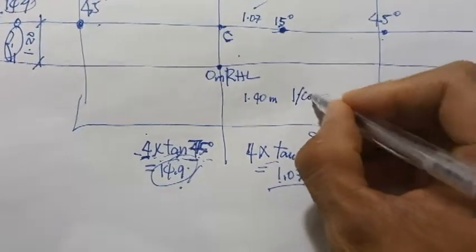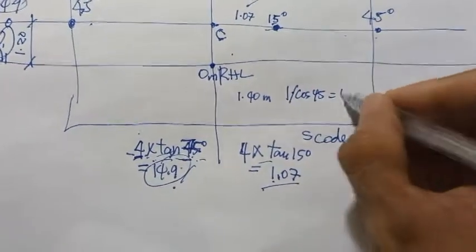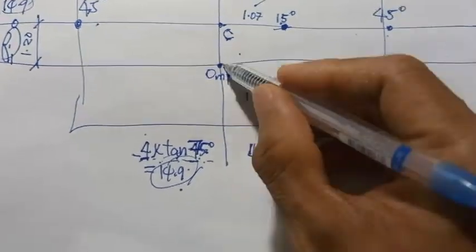Because of this formula: 1 divided by cosine 45 is equal to 1.40 meters.